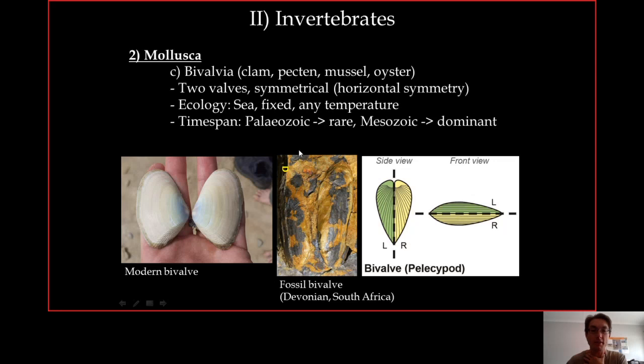So you have different types of environments reflected by your bivalves, and they can live in any temperature. They usually live fixed. They don't move, although some of them are capable of moving, like the pectens, for example, but usually they live fixed. They don't move during their lives.